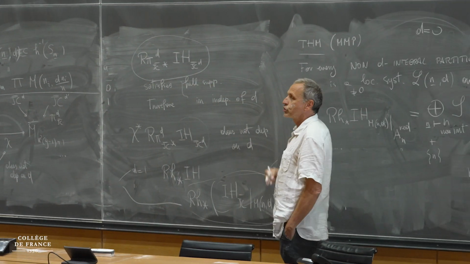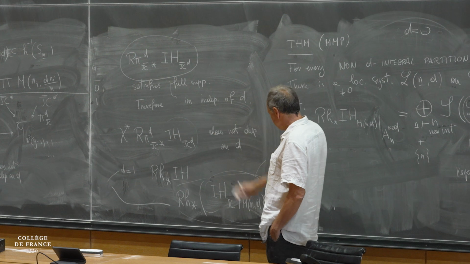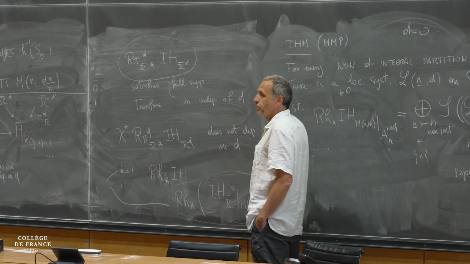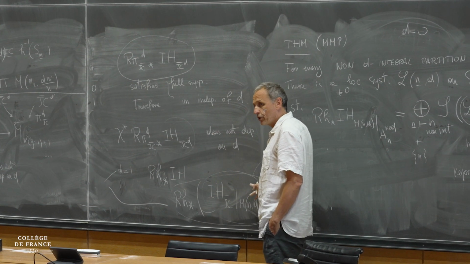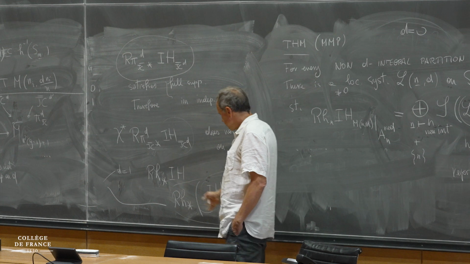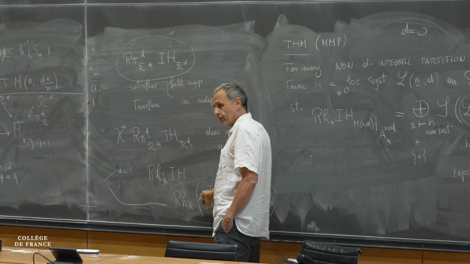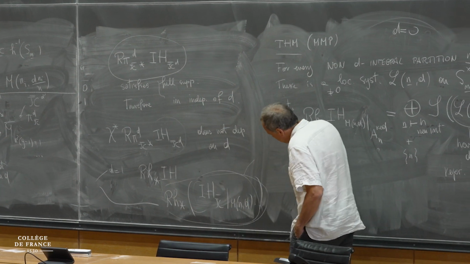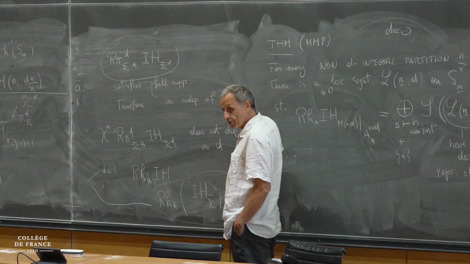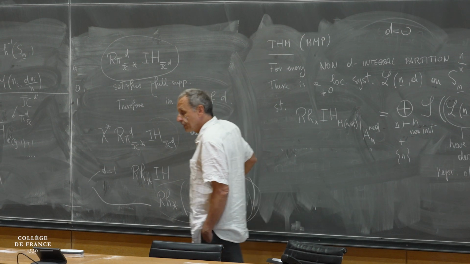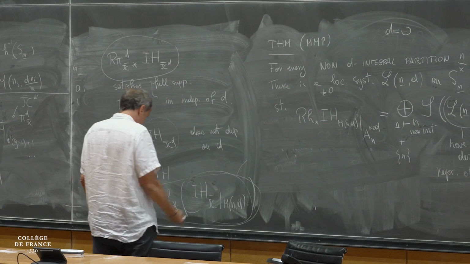Otherwise, in the Calabi-Yau case, there should be a perverse semi-simple sheaf which has this independence property. This happens to be perverse semi-simple. We can prove it. And it's actually pure.